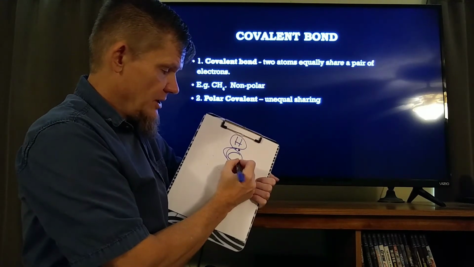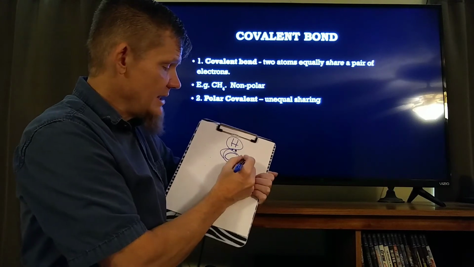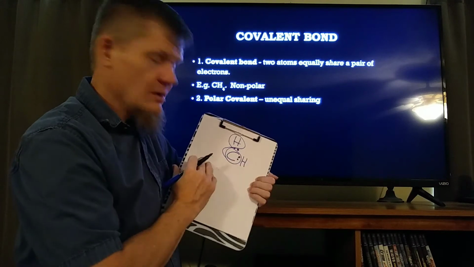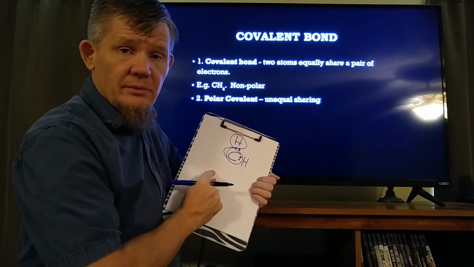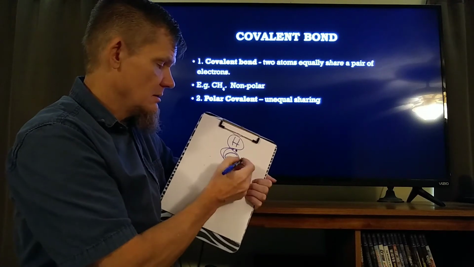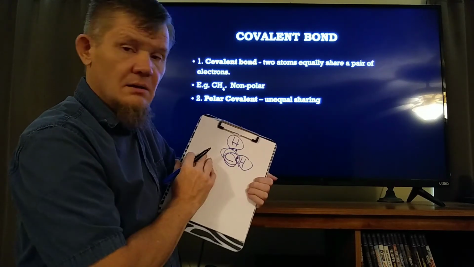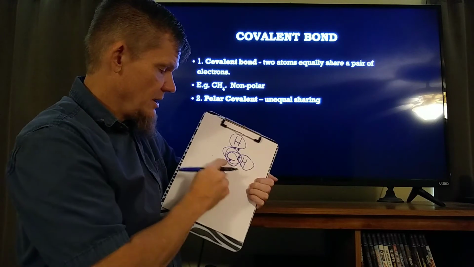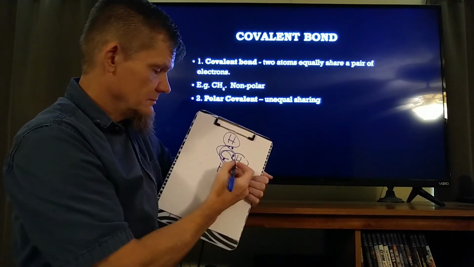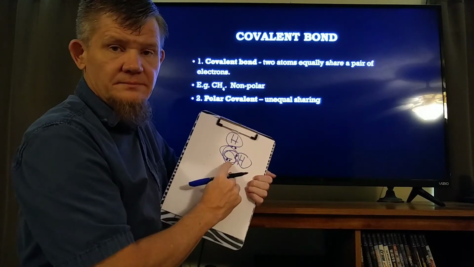Here's another electron it's willing to share. Here's a second hydrogen. That hydrogen will donate its one little electron to share it with carbon. And now this pair of electrons will orbit both of these. Here's another electron carbon's willing to share. Here's a third hydrogen with its electron.